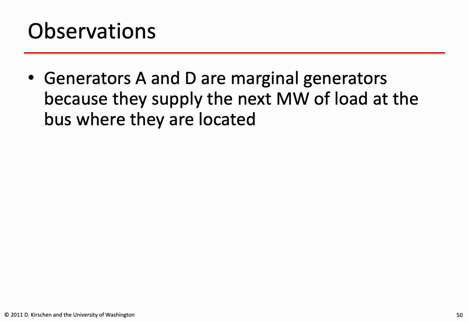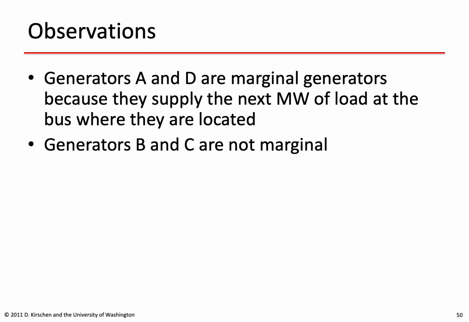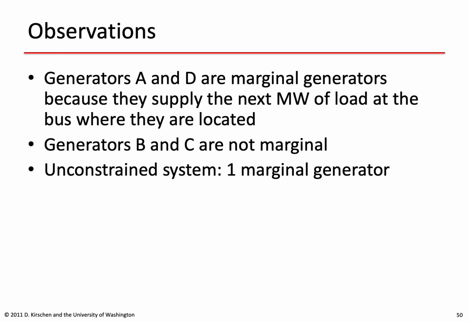We can make several observations based on this 3-bus example. First, generators A and D are marginal generators because if you add a megawatt of load at the bus where they are connected, it will be produced by these two generators. On the other hand, generators B and C are not marginal generators, B because it's at its upper limit, and C because it's turned off. So in an unconstrained system, we had one marginal generator.